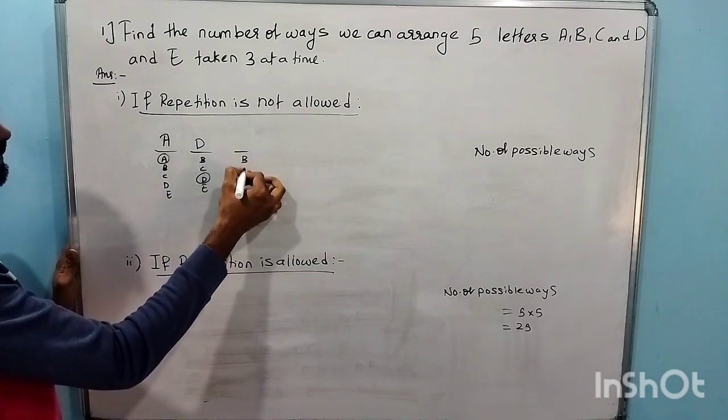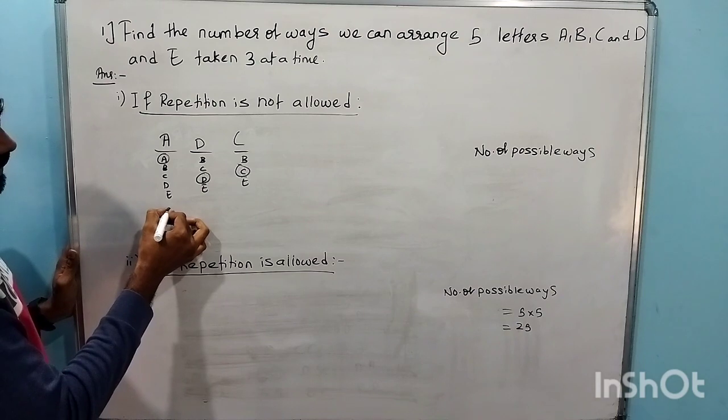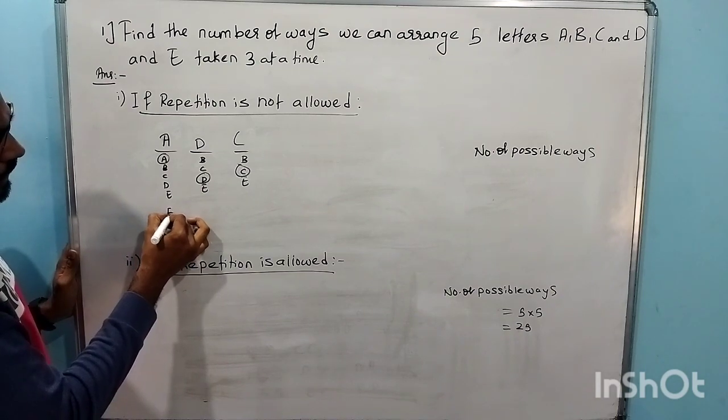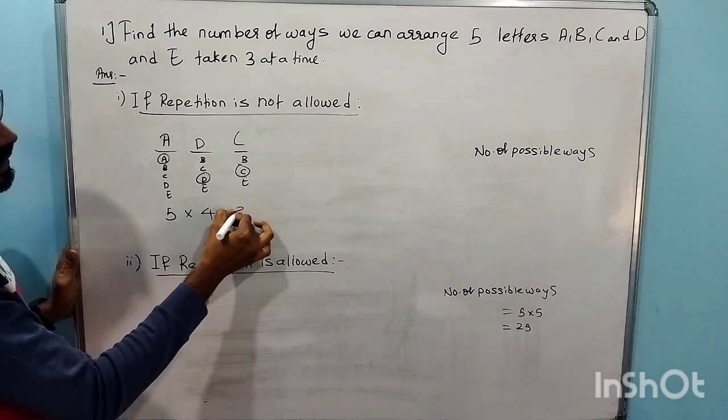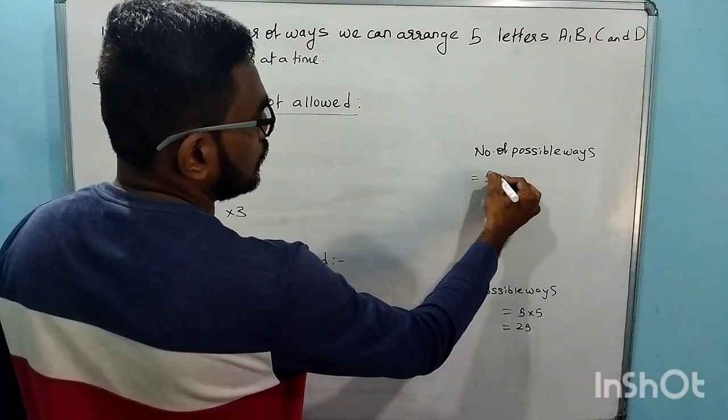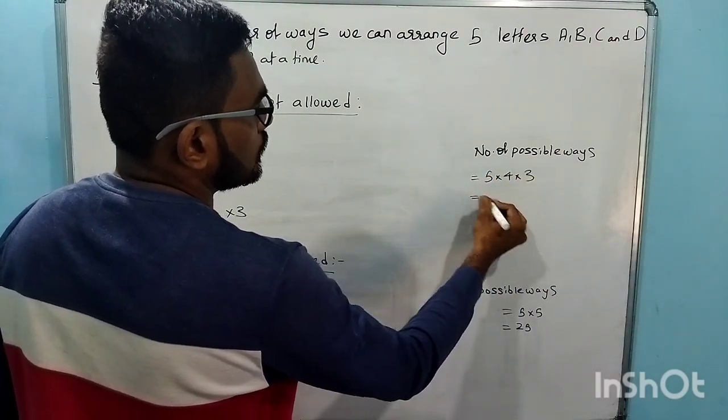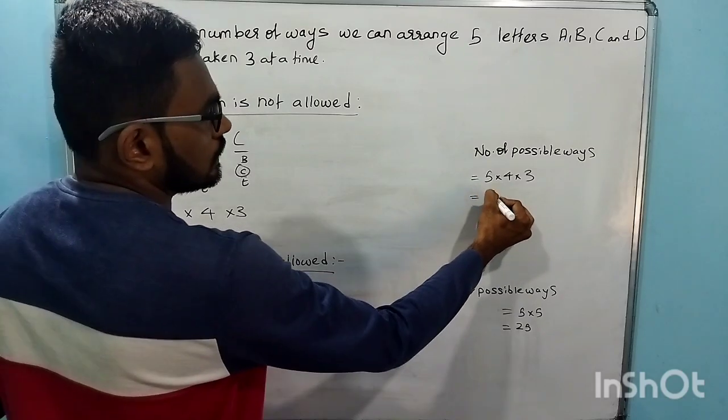Understood? So first place we can select in 5 ways, second in 4 ways, third in 3 ways. So the number of possible ways is 5 into 4 into 3, which is 60.